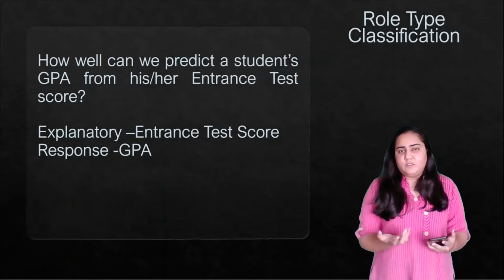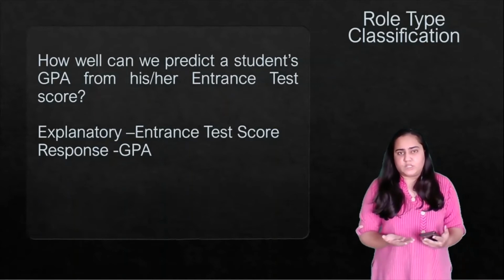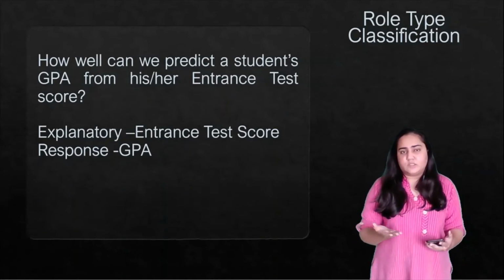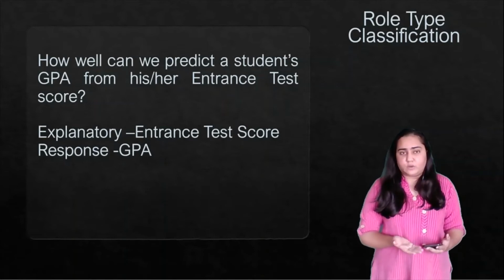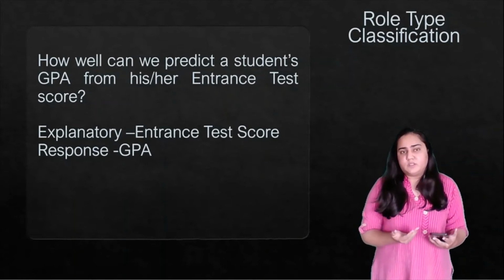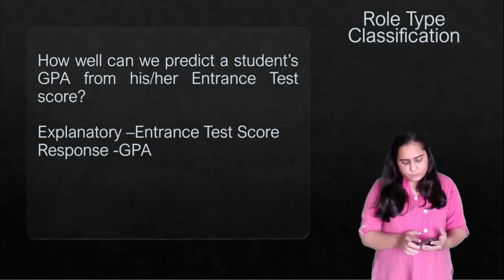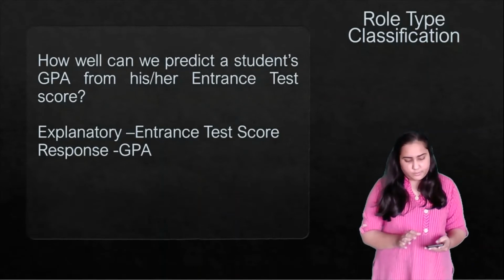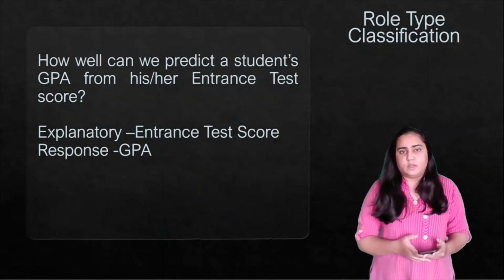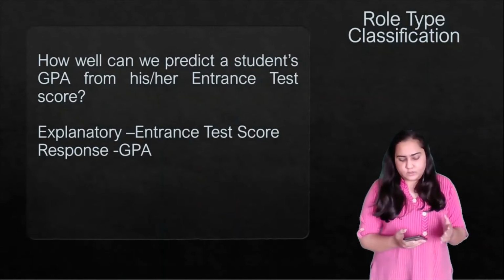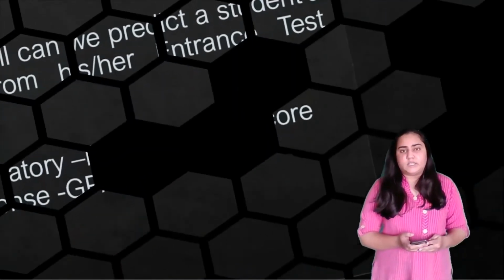So that's why the thing that is given to you, data provided to you, is the entrance test score. So that will be your explanatory variable. But the response to that, which is the GPA, which you have to predict, is going to be your response variable. So that is how you can classify it in this question. Let us see the next question.